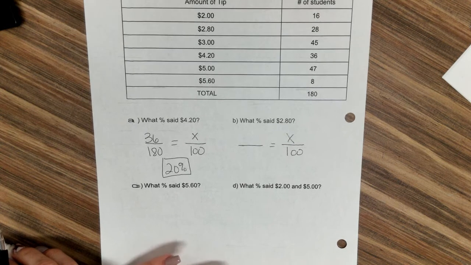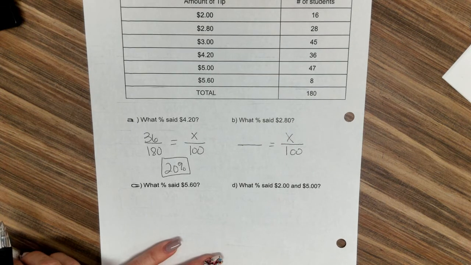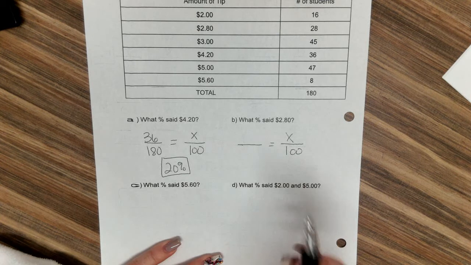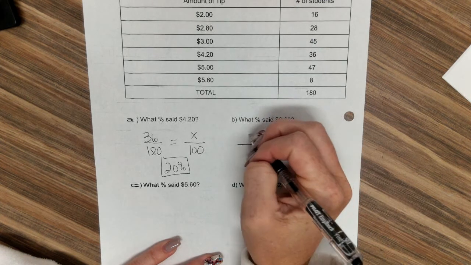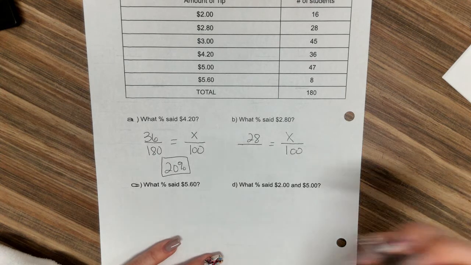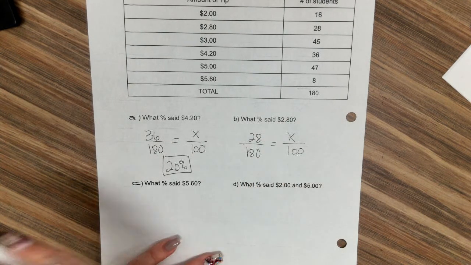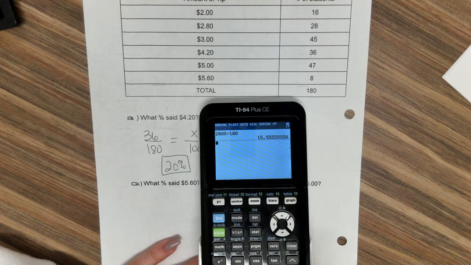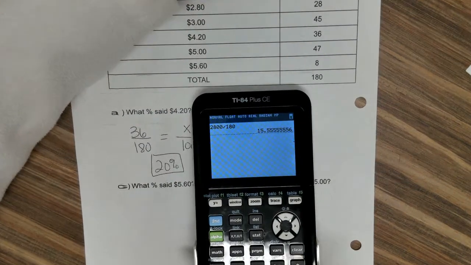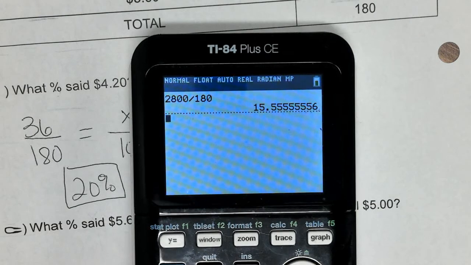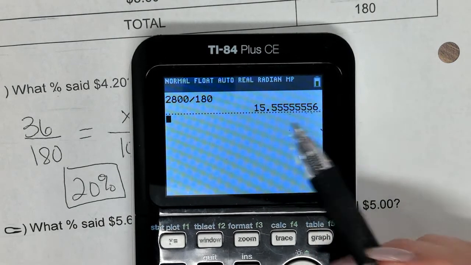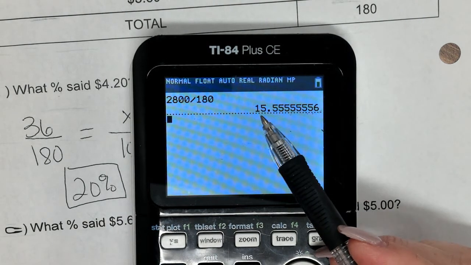Okay, how many people said $2.80? So where does that go? Top left, because that's your part. And your whole is 180. Cross multiply and divide, and you get this. Yes? Did it say how to round? So you could have rounded to the whole number, and what would your answer be? 16%.